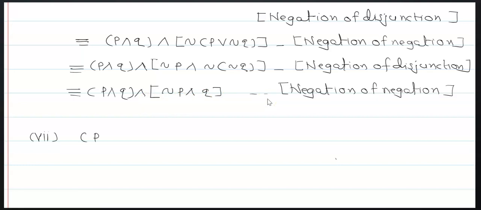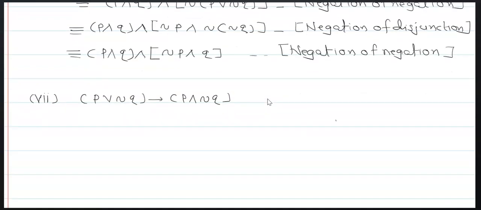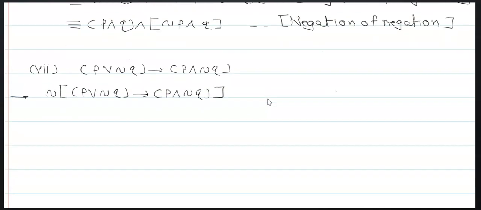Next is seventh one. P or negation Q implies P and negation Q. Therefore, negation of (P or negation Q implies in bracket P and negation Q).